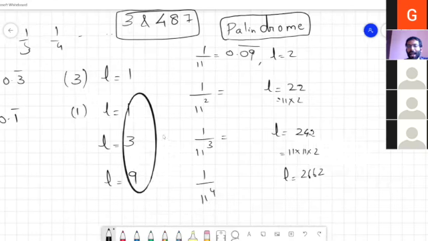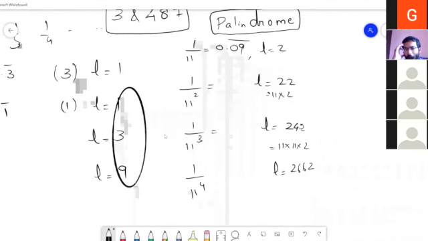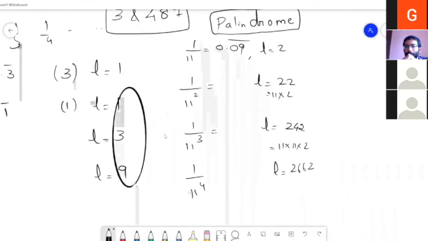So now, how do you calculate this value of 1 by 11 power 4, 1 by 11 power 5 and all? What do you do? How do you calculate 1 by 11 power 4?